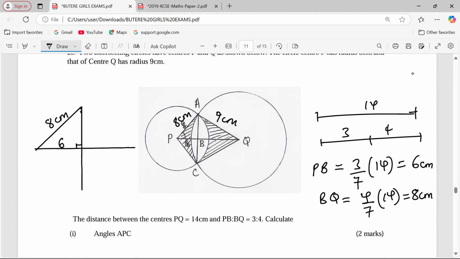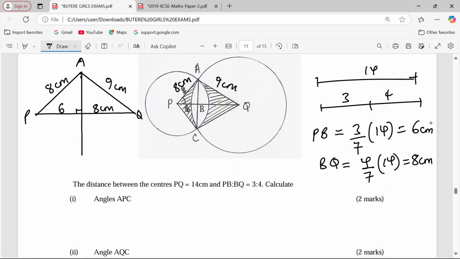Then on the other side, we are talking about 8 centimeters and 9 centimeters. So these are the diagrams that we are having: this point A, this point P, this point Q. So let's get the angles that we are requested to find.